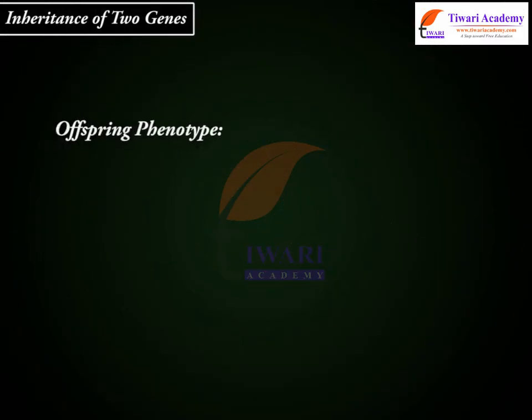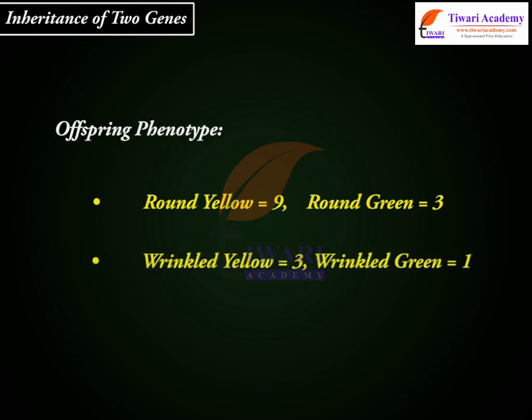Offspring phenotype: round yellow is equal to 9, round green is equal to 3, wrinkled yellow is equal to 3, wrinkled green is equal to 1.